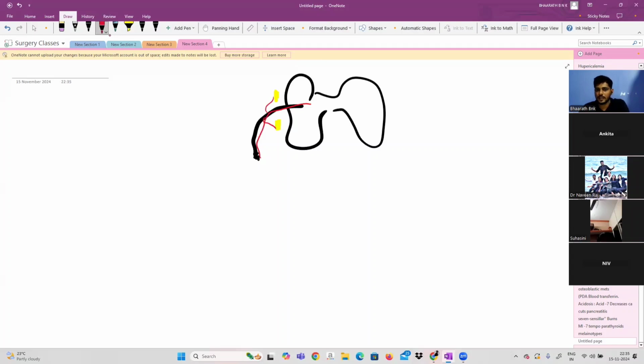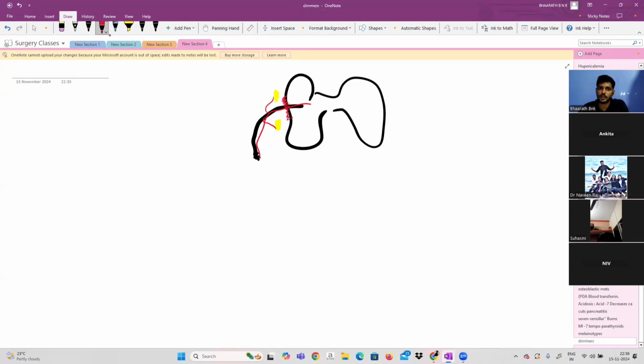So if you want to ligate this, the concept of polar ligation is gone. Either you ligate it at the superior pole or the inferior pole. You do not ligate the major vessel. Always what you do is you ligate the capsular branches. As they enter into the capsule, each superior and inferior branch divides further into the anterior and posterior branch. So you either ligate it or you burn it with a bipolar cautery.